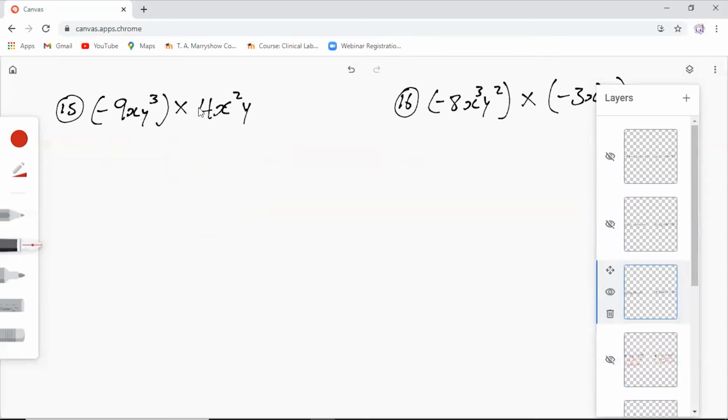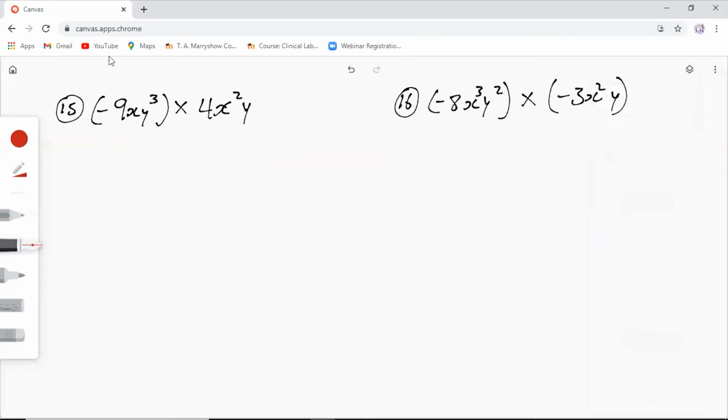We have negative 9xy cubed times 4x squared y. So negative times positive is negative, so we know our answer will be negative. Then 9 times 4 is 36. Then x to the power of 1 times x squared will give us x to the power of 1 plus 2.